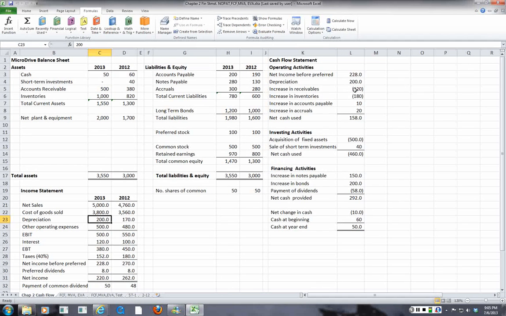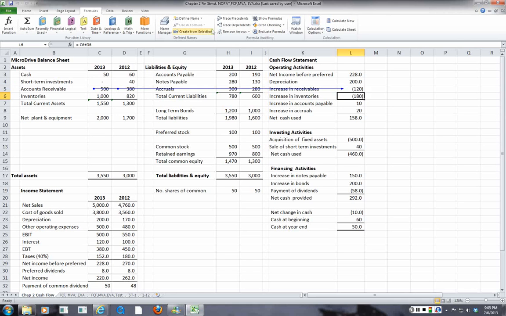Then we have an increase in receivables. You can see our receivables went from $380,000 to $500,000. That's a minus $120,000. That increase in receivables has to be financed, so it reduces cash flow by $120,000.